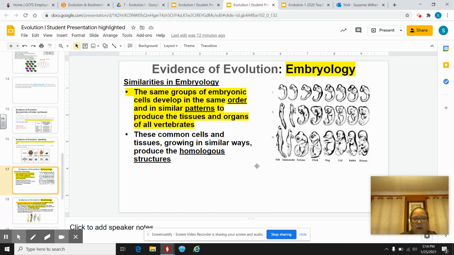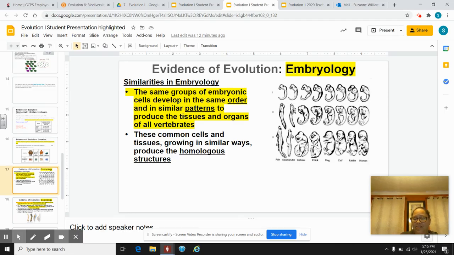When you look at embryology, all of these have a backbone. But look at this. The same groups of embryonic cells develop in the same order and in the same patterns to produce the tissues and organs of all vertebrates. As you can see, in this early stage we all had a tail and we all had gills.